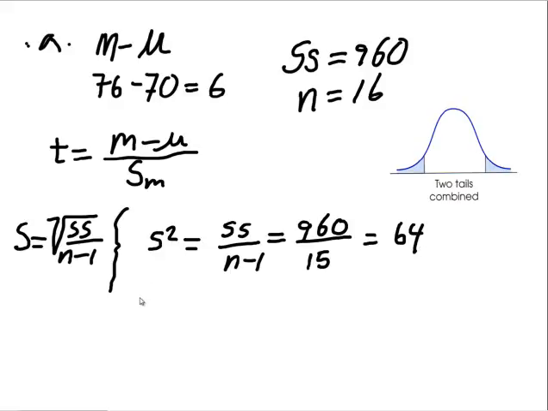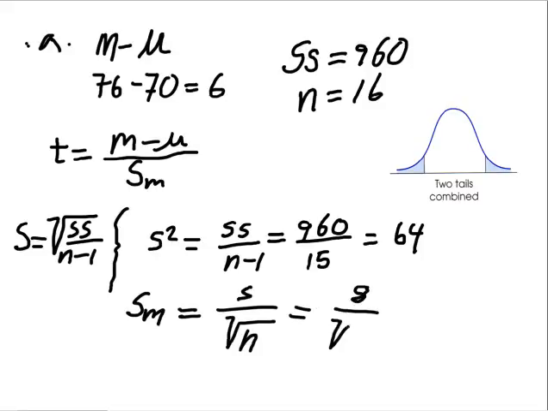Now we know what we need to know to calculate s_M. s_M equals s divided by the square root of n, and that's 8 divided by the square root of 16, equals 8 over 4, and that equals 2. And that is the answer to part B.